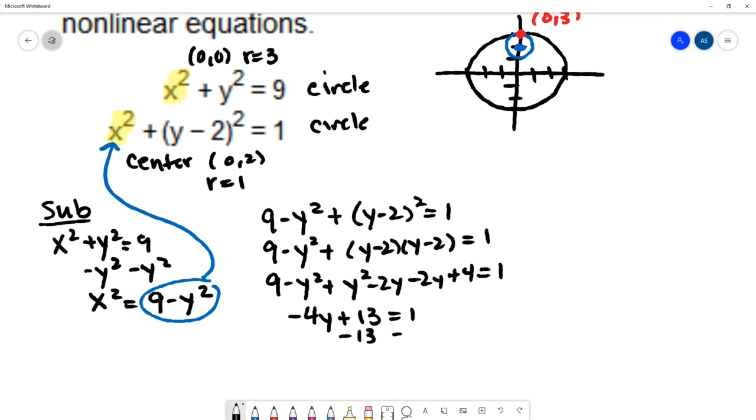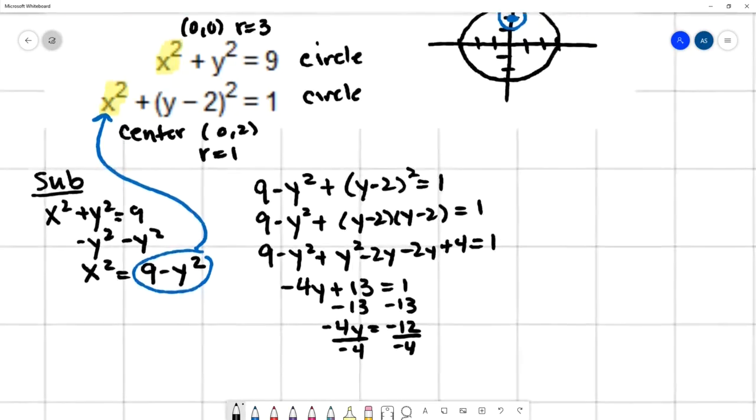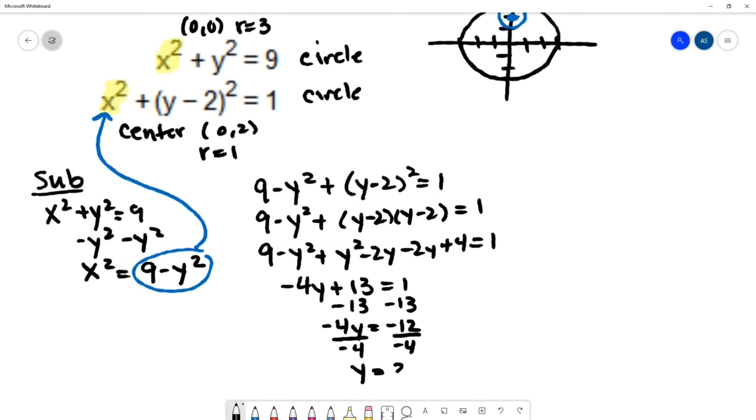I'll subtract 13. That gives negative 4y equals negative 12. Divide by negative 4. That gives y equals 3. Now I can get the x by substituting this back in.